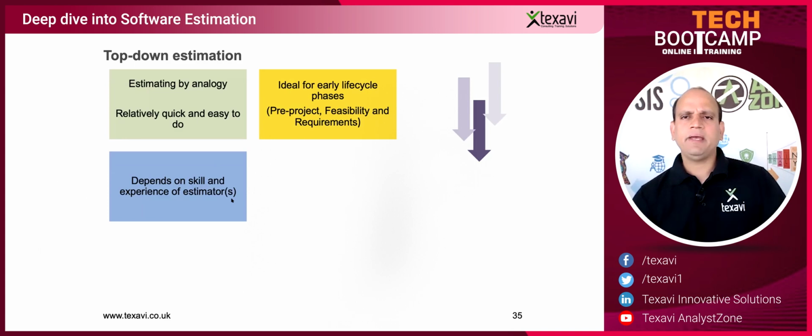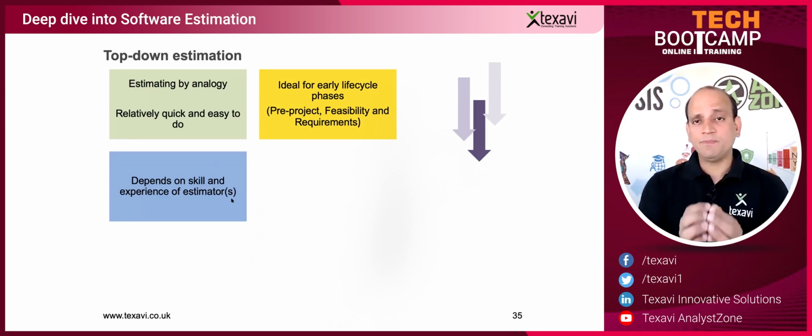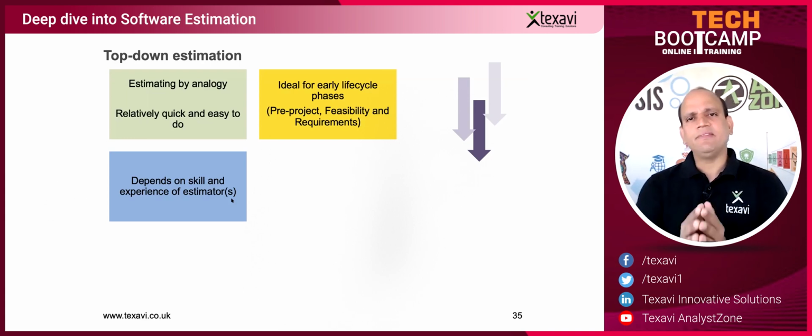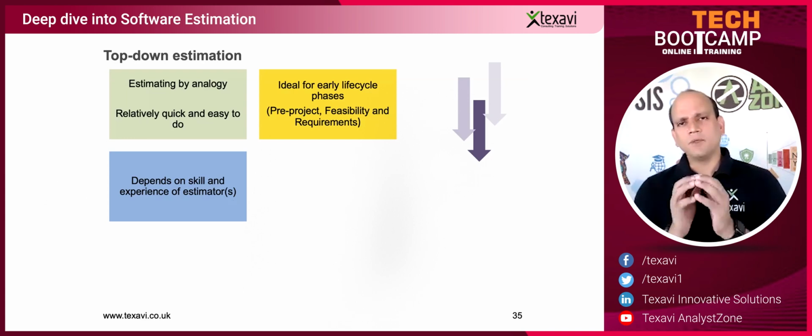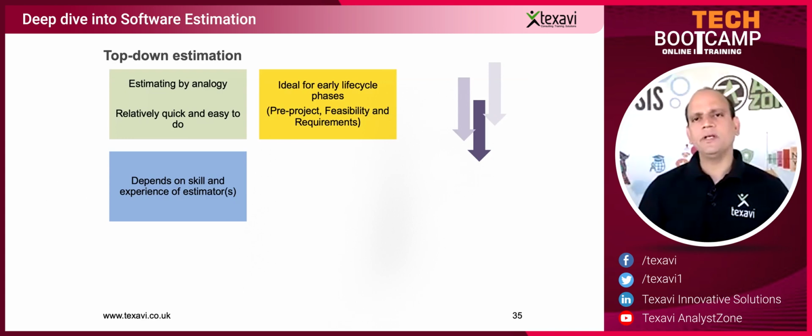And it really depends on the actual skill and expertise of the estimator. If the people have good skill, are fairly well experienced, and have done this before, having developed 4 or 5 different websites already, and the team has been working together over a long period of time, then it is better for them to come up with a top-down estimate than somebody relatively new to this, because they have nothing to compare this with.